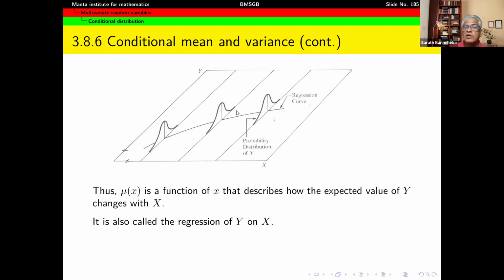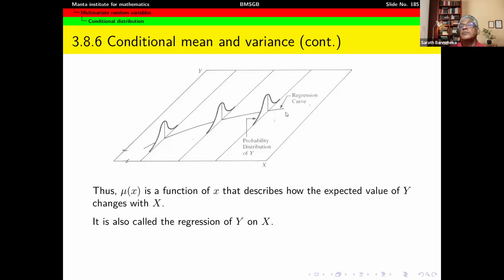For this one, it's giving you the spread around this center, not around that center, right? So that is why the conditional distribution is different. Therefore, the conditional mean can be different, and the conditional variance can also be different.